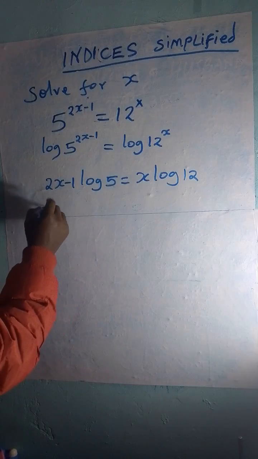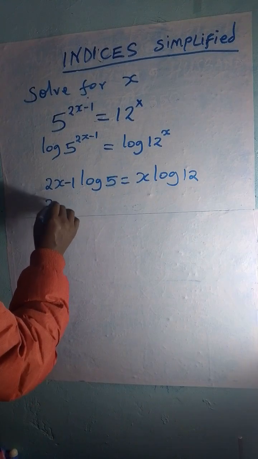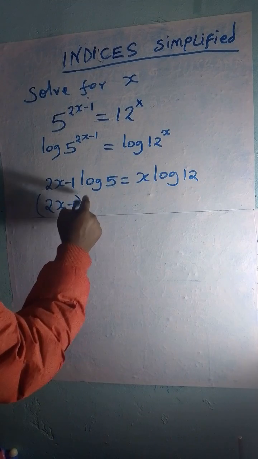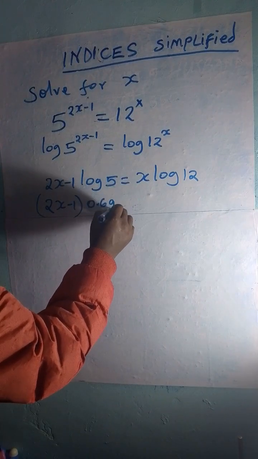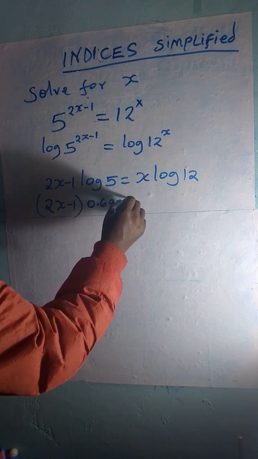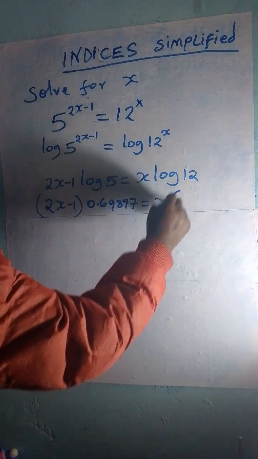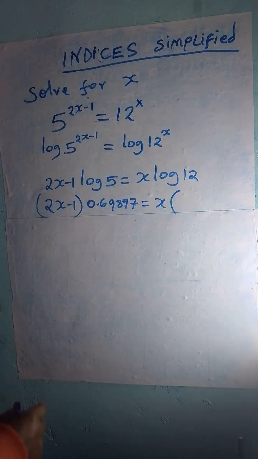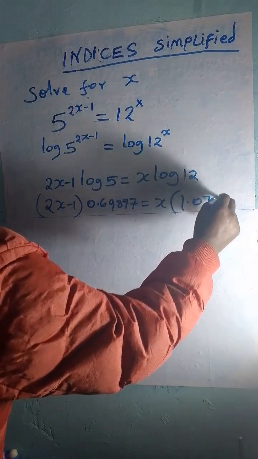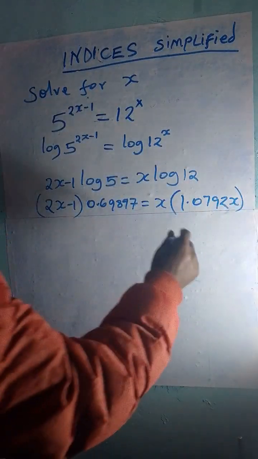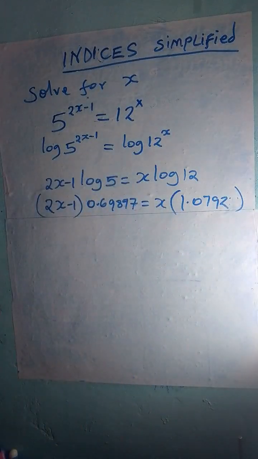Log 5 will be equal to 0.69897. Therefore this will be 2x minus 1 bracket times the log of 5, which is 0.69897, equal to x times the log of 12. The log of 12 is 1.0792x.